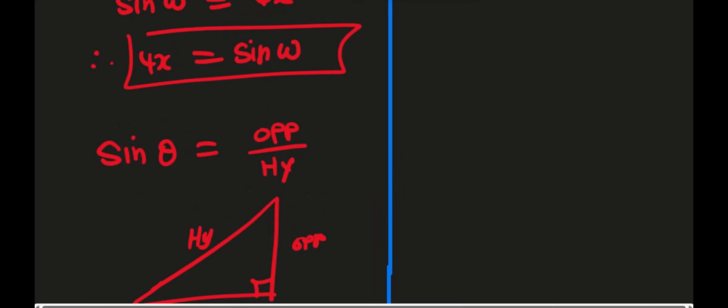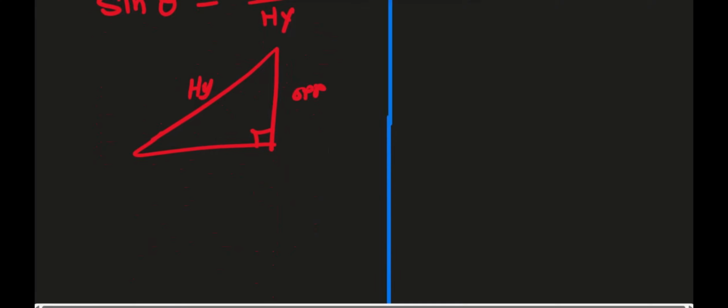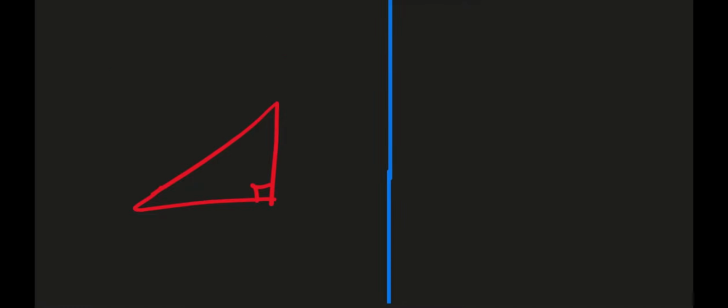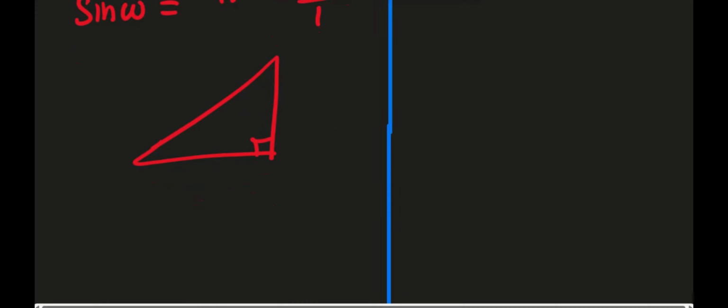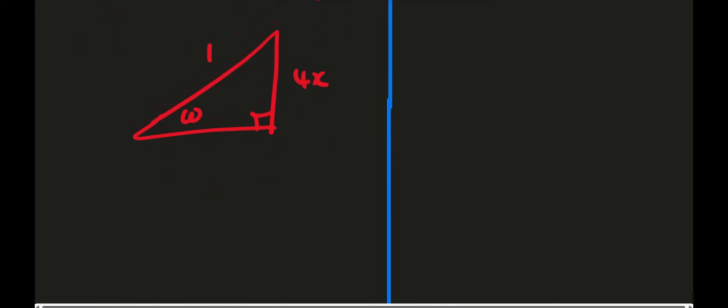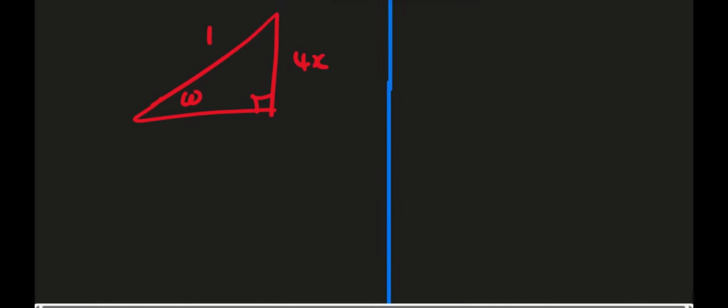Let's go ahead and do that. Sine w is equal to 4x. We can write 4x as 4x over 1. Therefore, our angle becomes w, our opposite is 4x, and our hypotenuse is 1. And that is a valid relationship from trig.